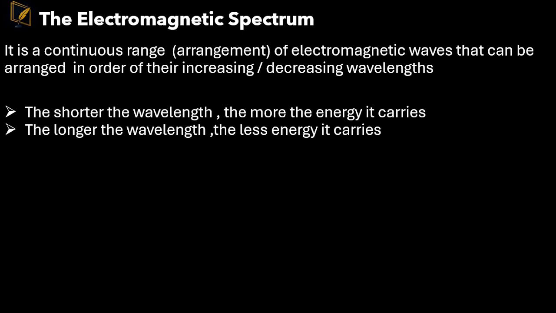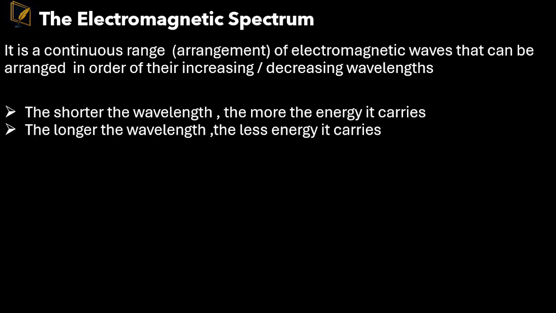The shorter the wavelength, the more energy it carries, and the longer the wavelength, the less energy it carries. The energy comes in through the frequency. Remember in Form 3 we discussed that a wavelength is the distance between two successive phases of a wave or an oscillation.